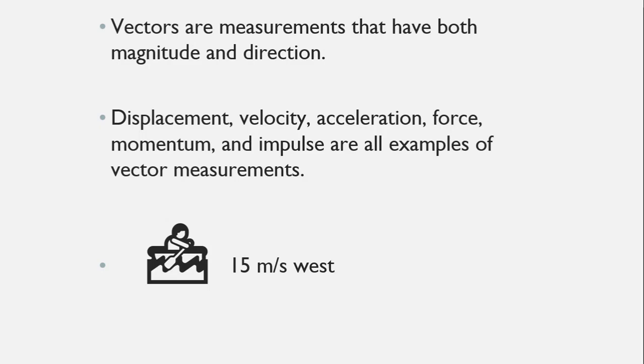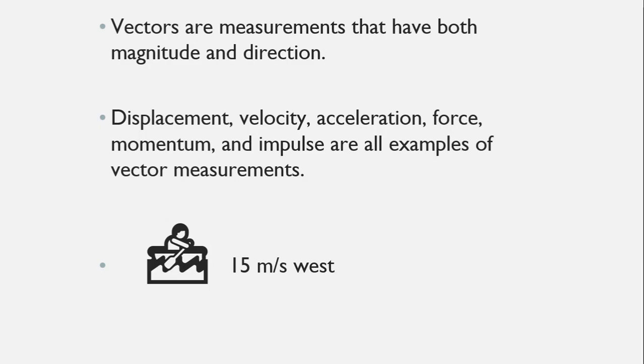And these are things like displacement, velocity, acceleration, force, momentum, and impulse, some of which you haven't heard of yet. If we don't do them in physical science, you will hear about them in physics. So you will eventually get all this.